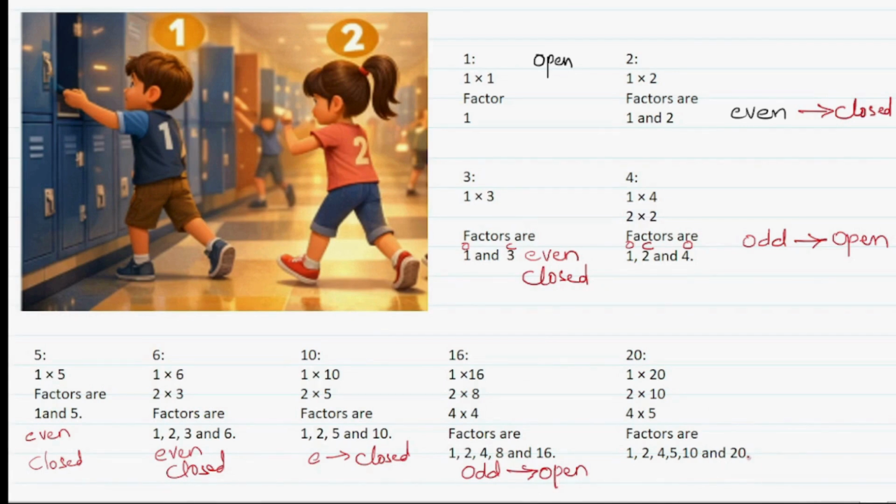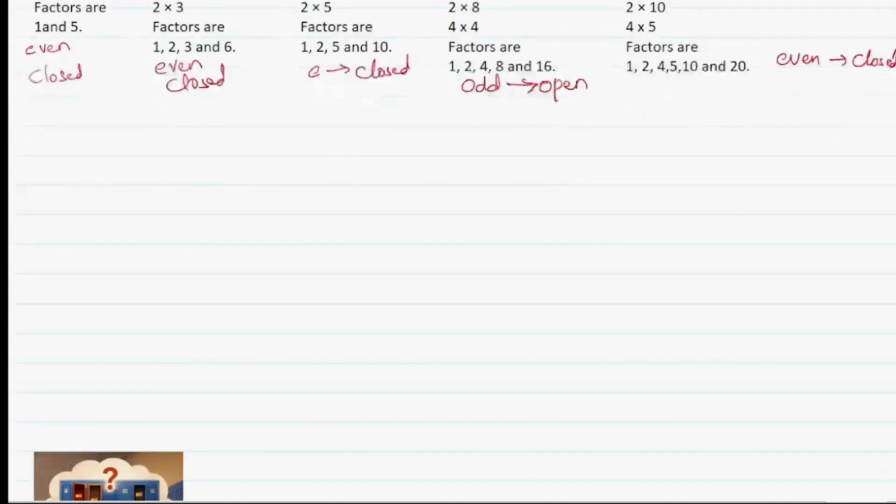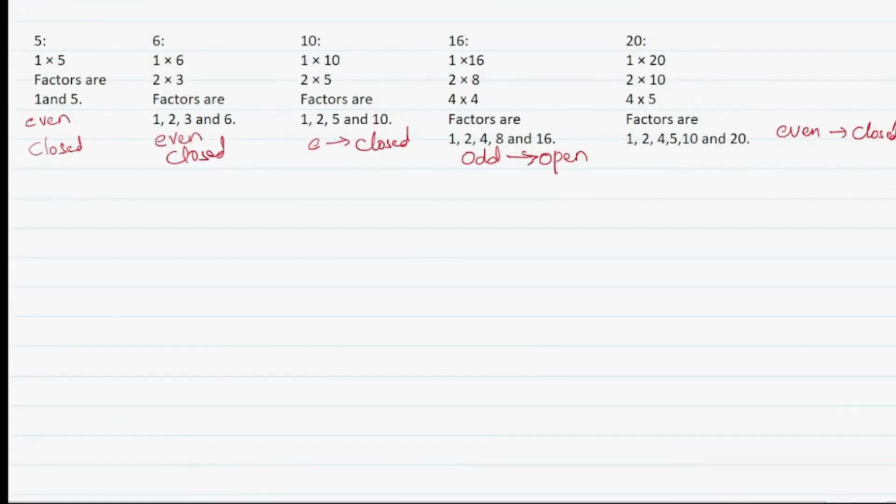Now how do we know whether they have an odd number of factors or an even number of factors? Now if you look at the odd number of factors here, the factor pair has a repeated pair.